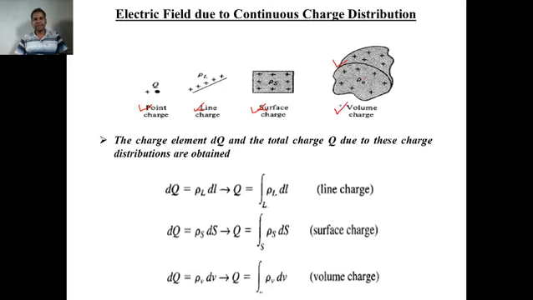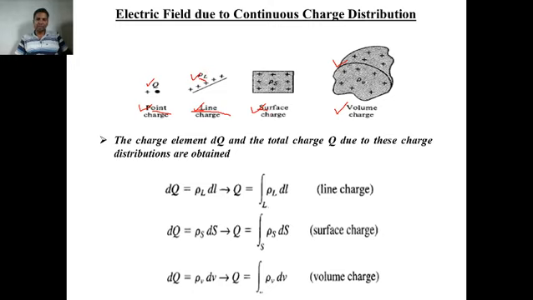And we also discussed that if in the given problem charge is given as a point charge, then generally they give you the value of q. If line charge is mentioned, then they will give you the value of rho L, that is line charge density measured in coulomb per meter.